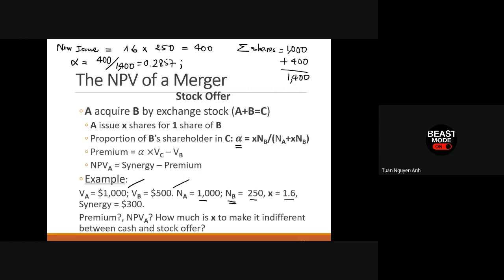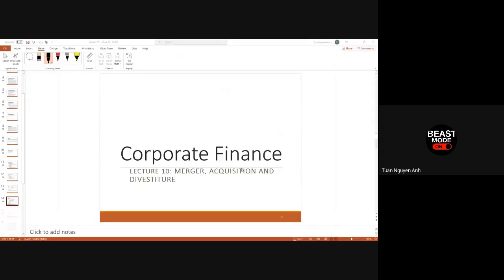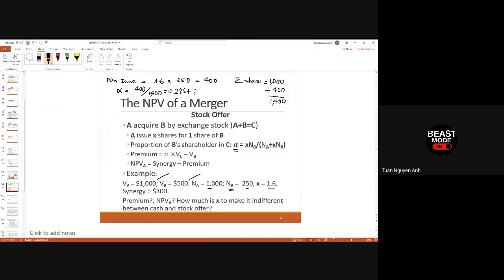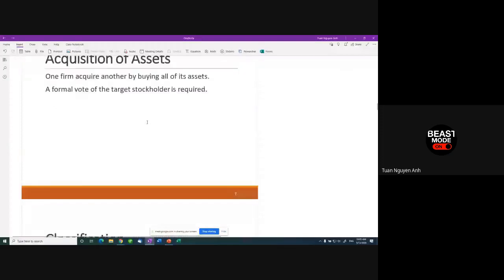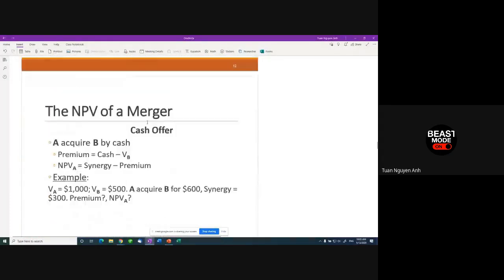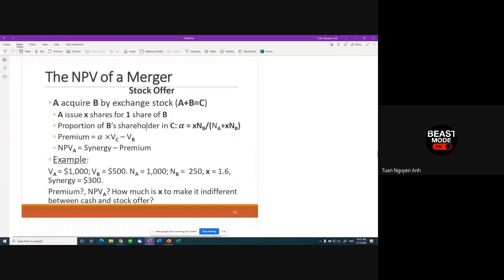So the value going to company B will be equal to alpha multiplied by the value of company C. Let me do this in a bigger space, because this is a little bit too small to see. One moment, please.